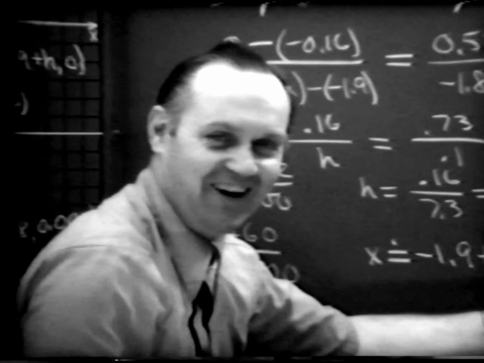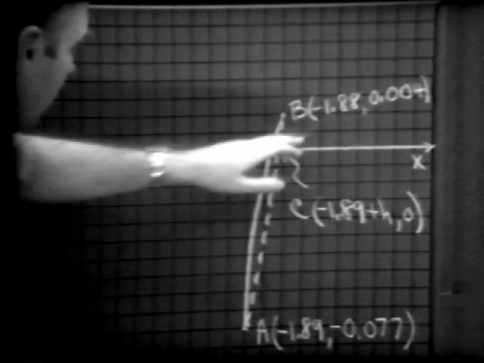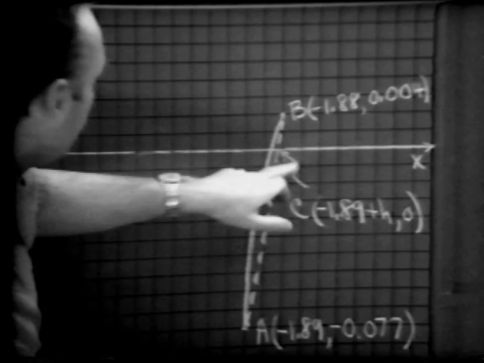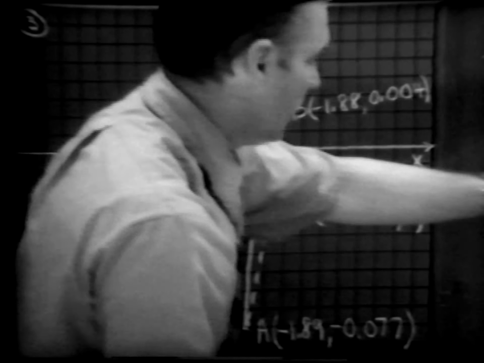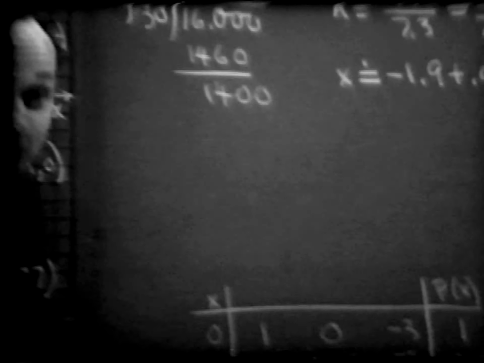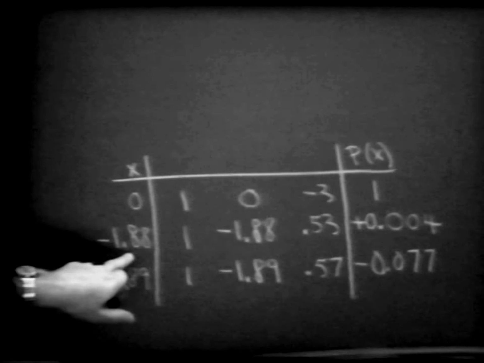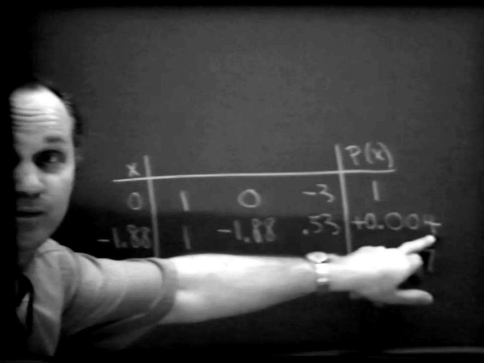Well, what I'd like to do now is to make another picture. Let's come back here. I have now enlarged that portion of the graph, so that here we have negative 1.88. And I've also made up another table using our synthetic substitution. Negative 1.88, and p of that number, notice, is 0.004.